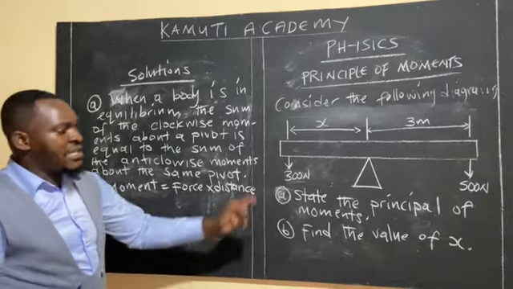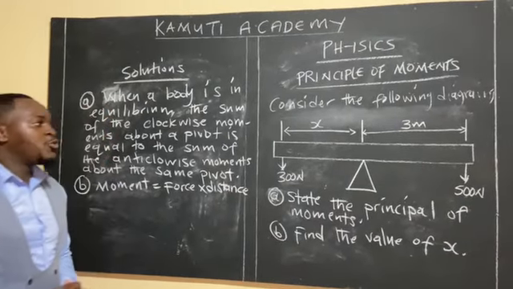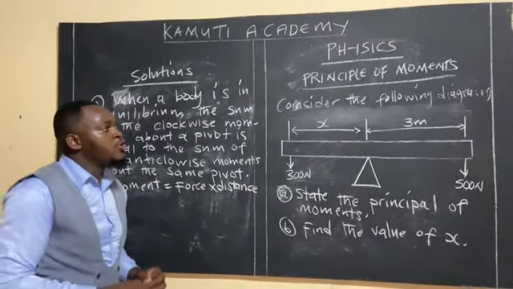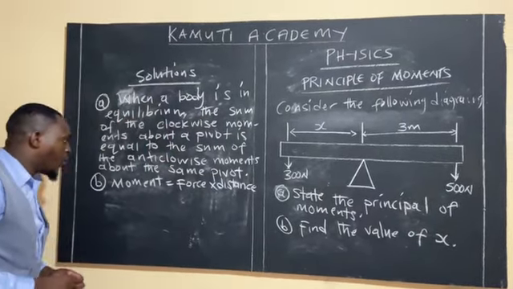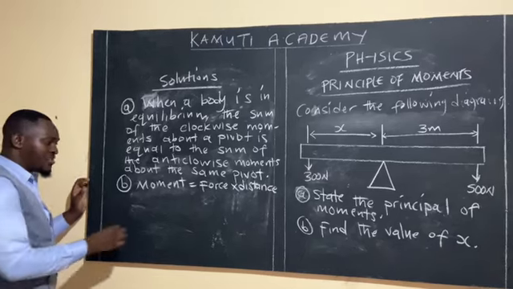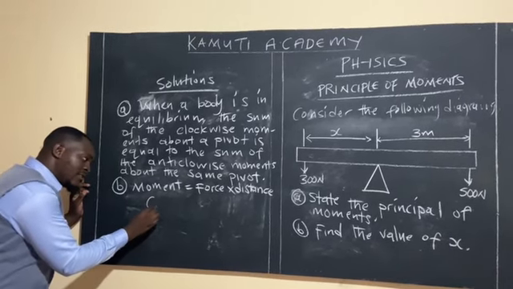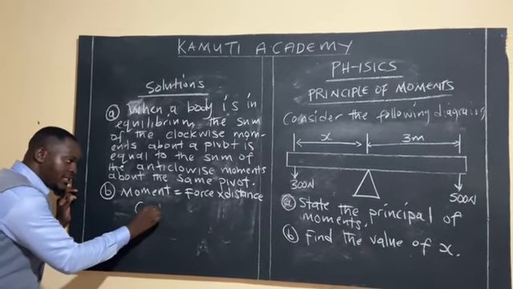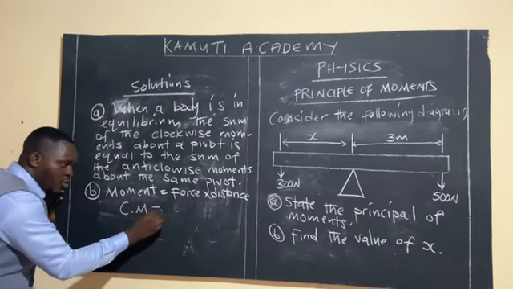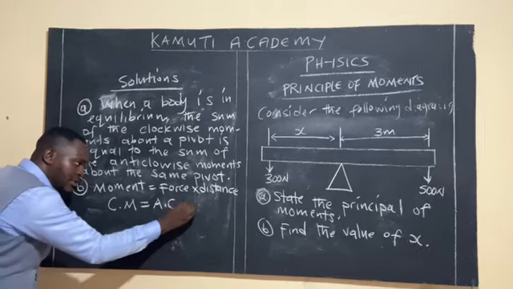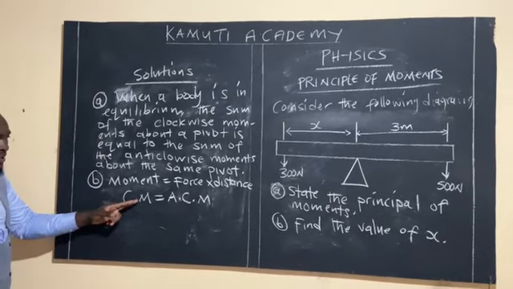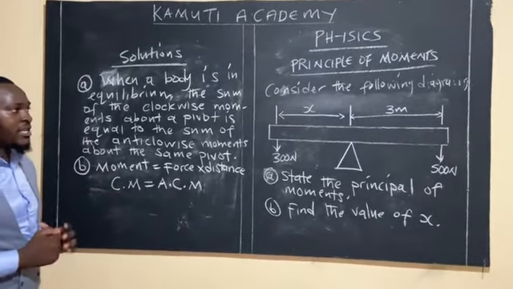All right, now let us find the value of x. To find the value of x, we are going to use the principle of moments. Follow me. So in the principle of moments, I'm going to say the clockwise moments should be equal to the anti-clockwise moments.